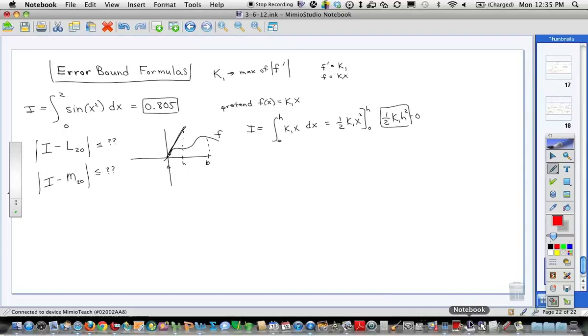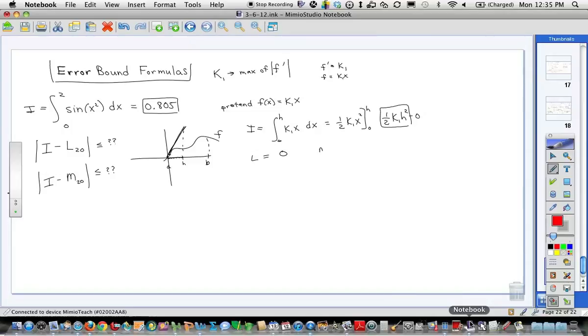And then what would a left rectangle look like? What would a left rectangle look like in this function? Would it be 0? Remember I said we're going to make it easy and we're just going to start it at the origin, okay? So our one left rectangle here would actually have an area of 0, okay?